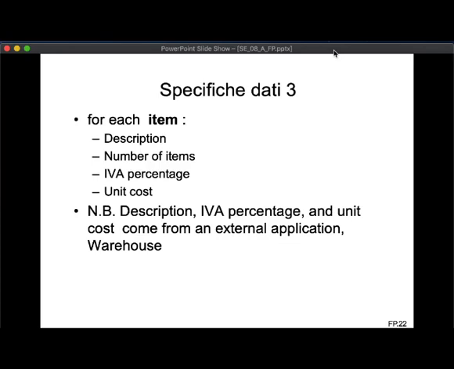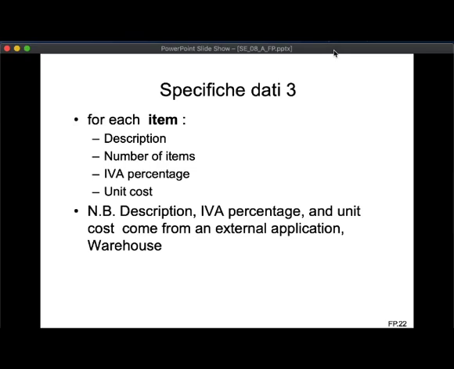Some of them have VAT of 22%, others 10%, and there are many different ones. In Italian they are called aliquota, so there are different percentages of VAT that are applied. Then you want the unit cost.